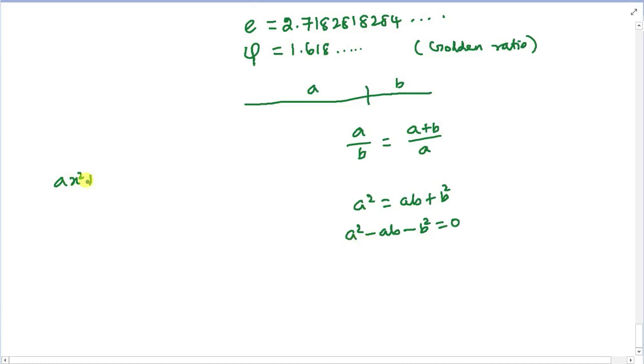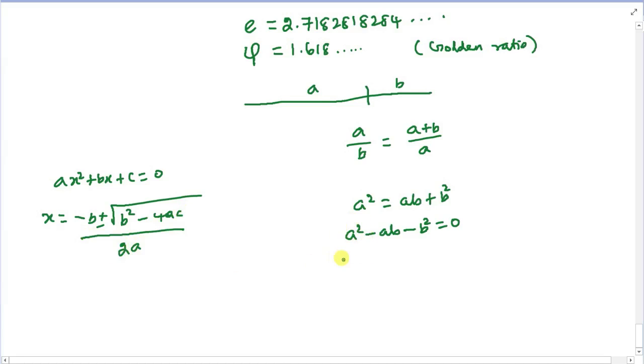Ax square plus bx plus c is equal to 0. X is equal to minus b plus or minus root over b square minus 4ac by 2a. So here the coefficient of A square is 1. So a is 1. Coefficient of A is minus B.